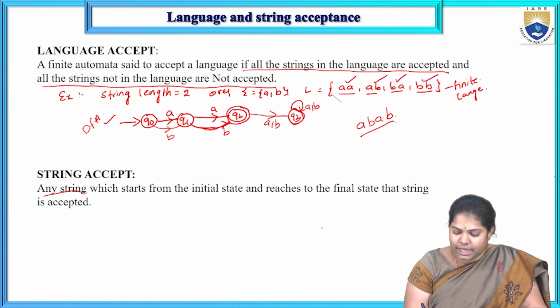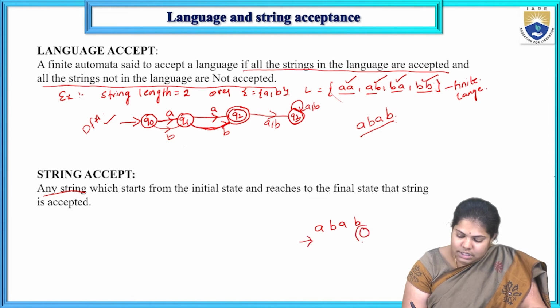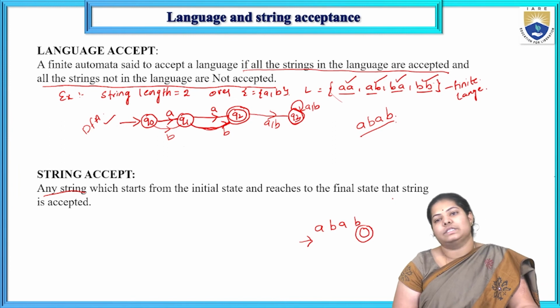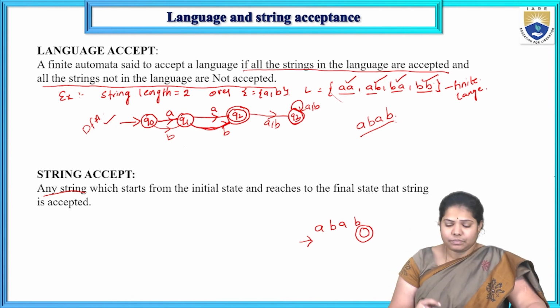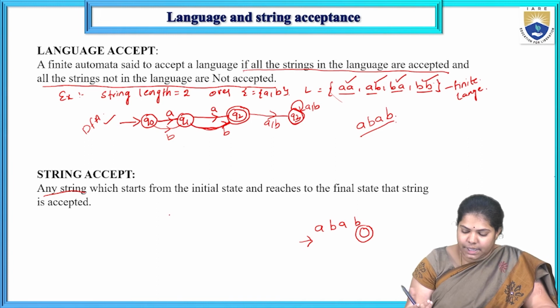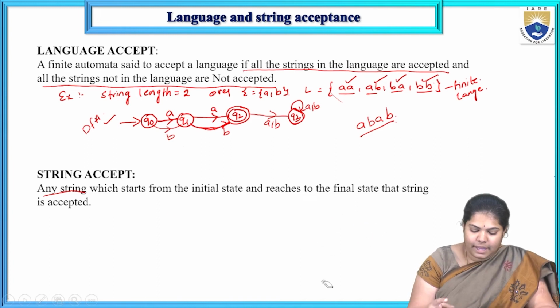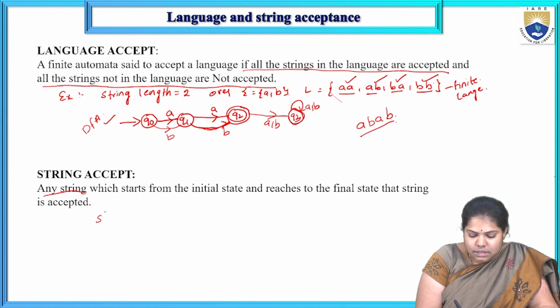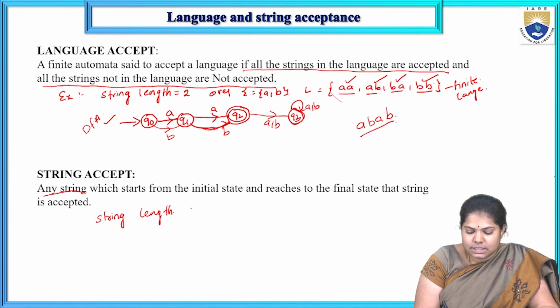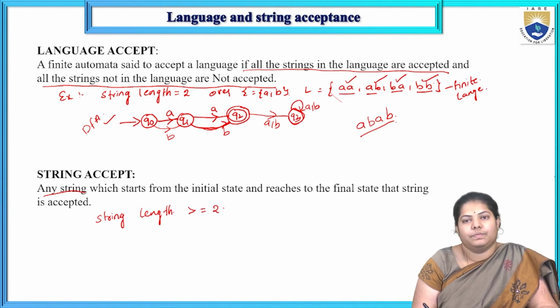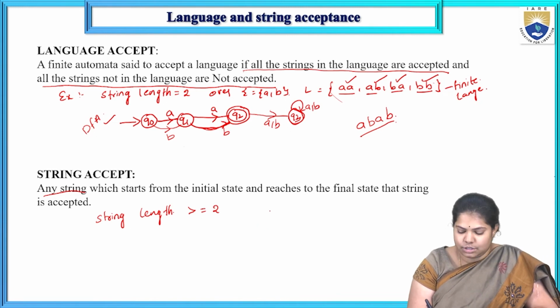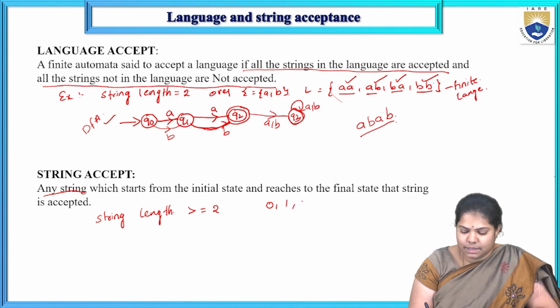For example, if I take a string called ABAB, it has to start from the initial state and reach the final state, then the string is called an accepted string. Now if I take a finite automata with string length less than or equal to 2, it should accept a 0-length string, a 1-length string, and also a 2-length string.